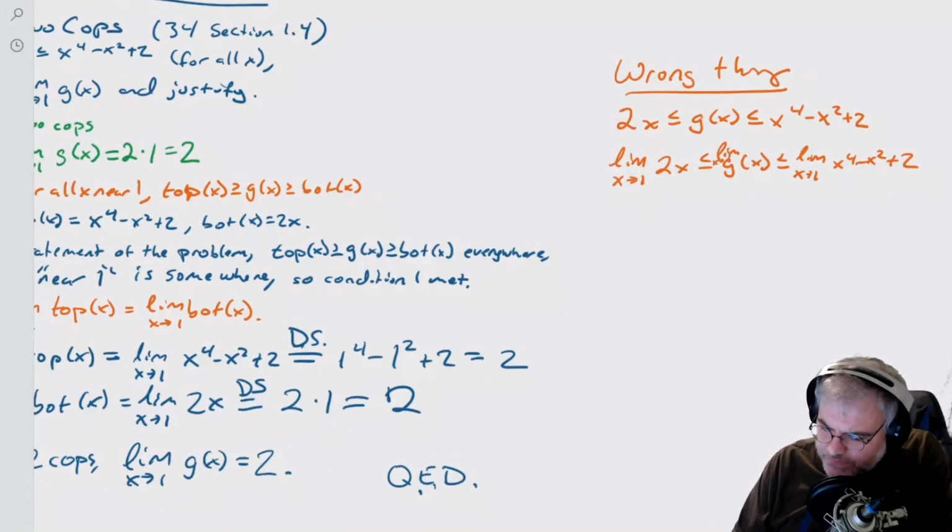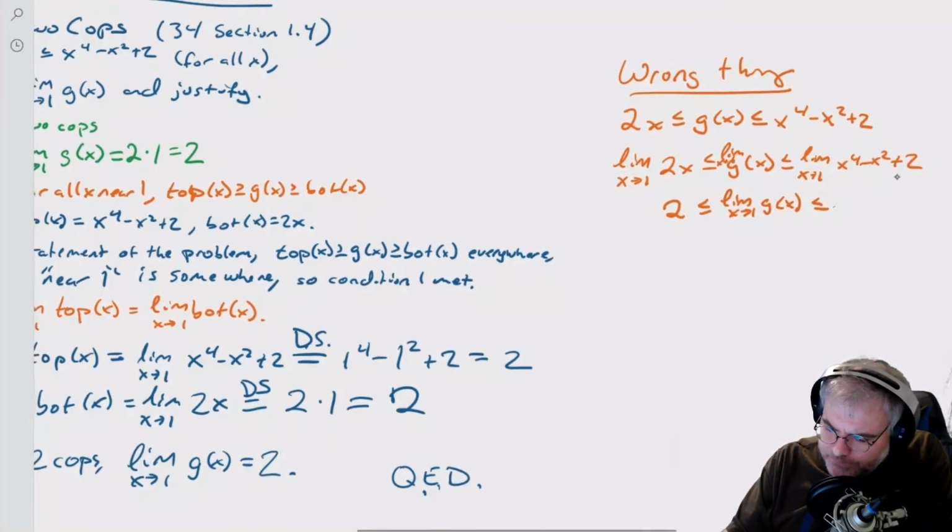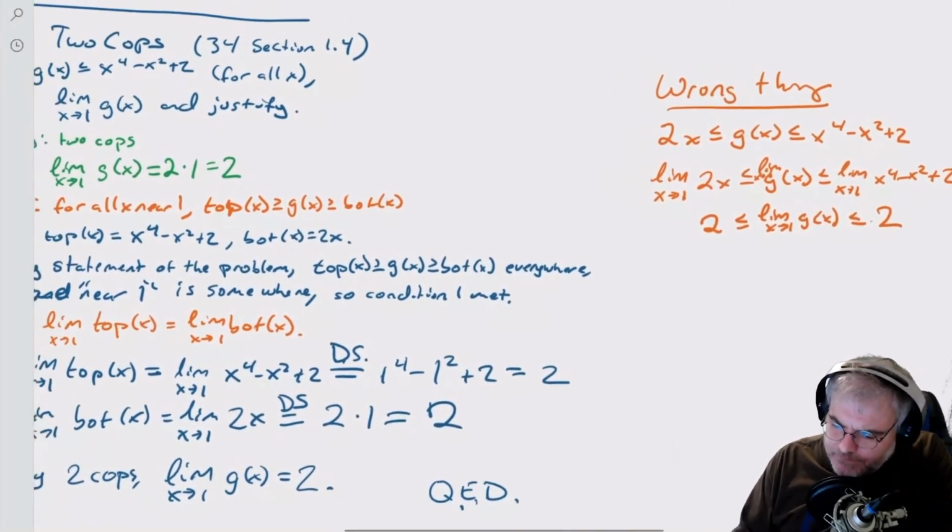There's a limit as x goes to 1. And then I see this. Okay.